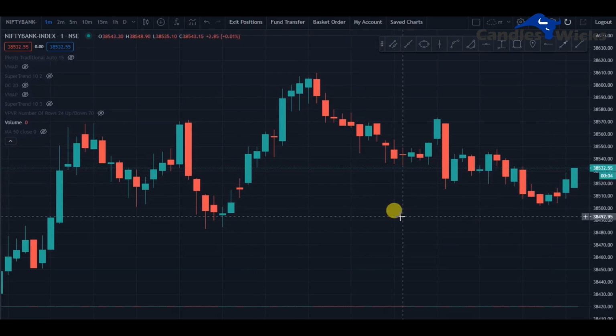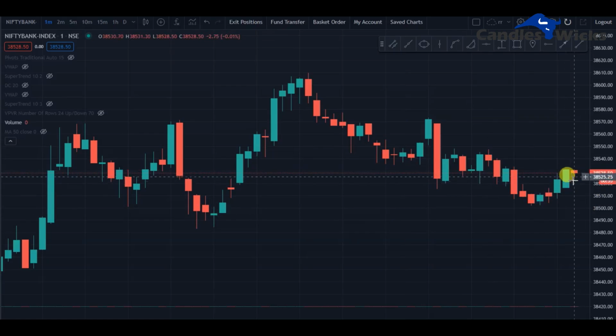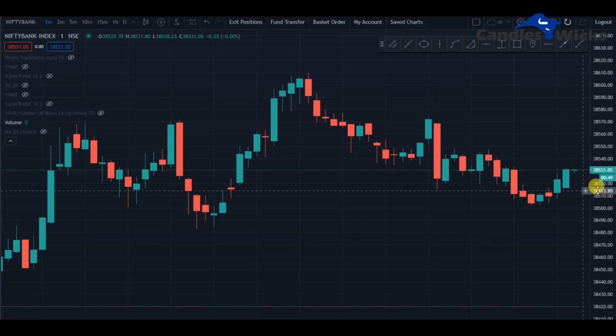So this candlestick formation is the representation of price movement in a particular time frame. Now you can see that the candle has changed and it is 55 seconds, 54 seconds, 53 seconds. As we have selected the 1 minute time frame, each candle represents 1 minute.